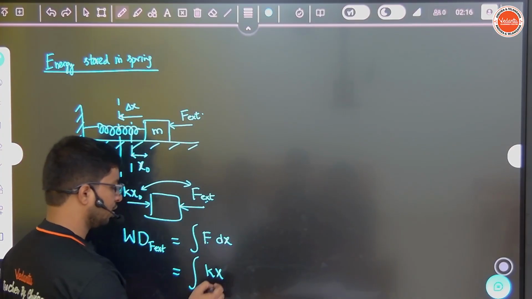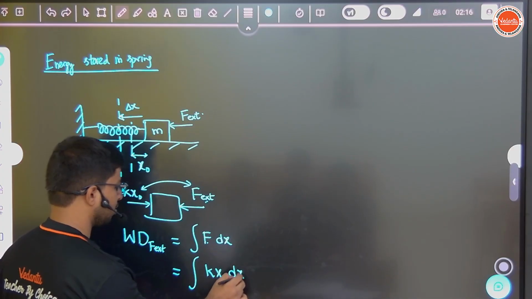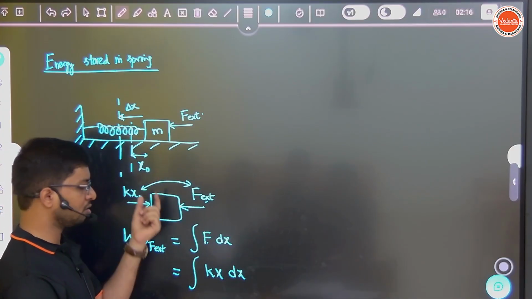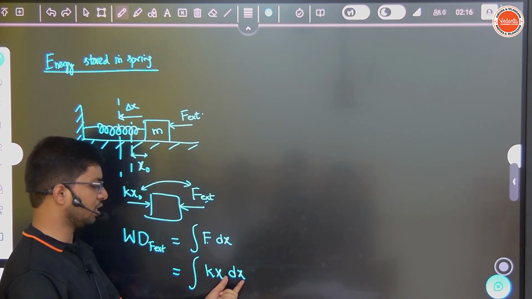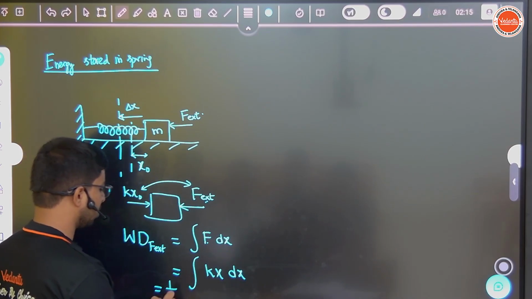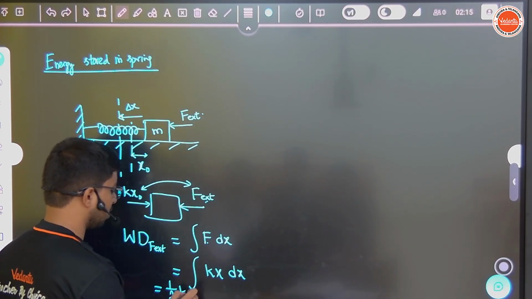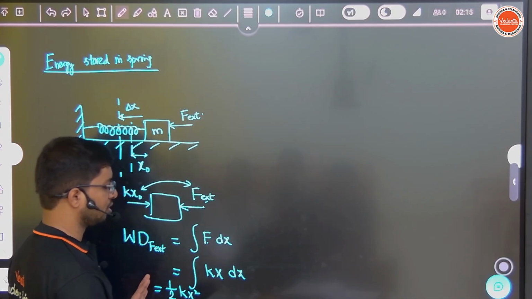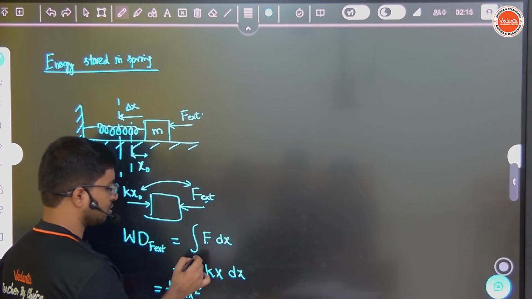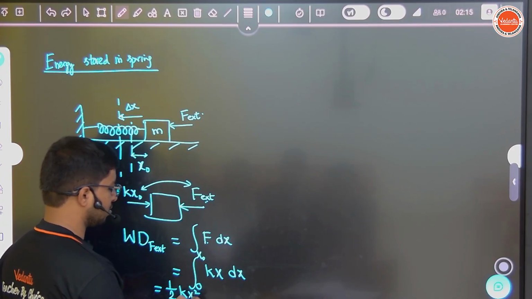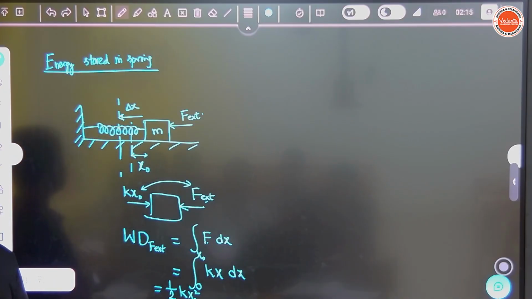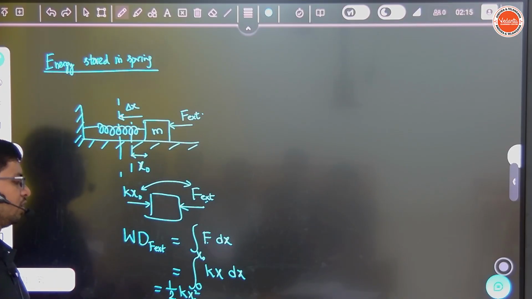If you are further compressing by a small amount dx, the work done will be kx dx, and from here, by integration, you will get half k x square, assuming the initial compression is 0 and the final compression is x naught. Clear with this? Yes.